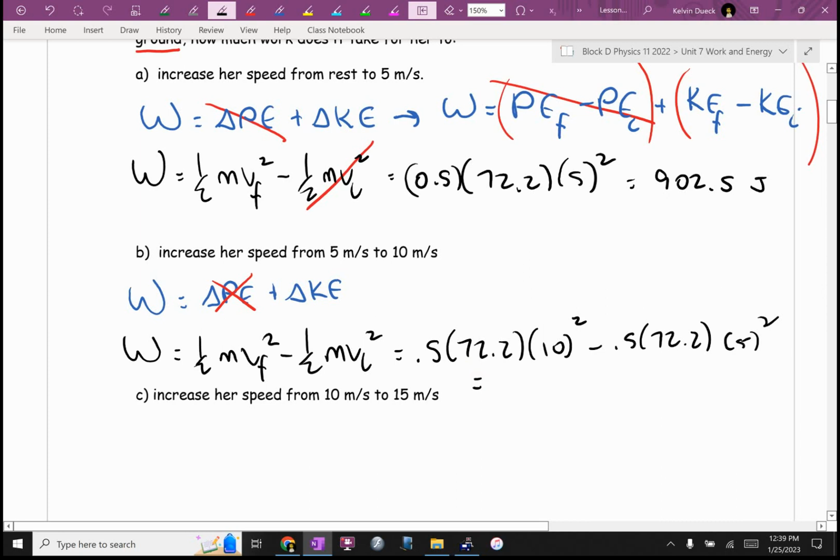You don't get 902.5. Even though it's the same speed increase, it takes way more energy. I think you're going to get 2,708.5? 2708? I might be wrong. 2707.5. I carried a one wrong. Okay?